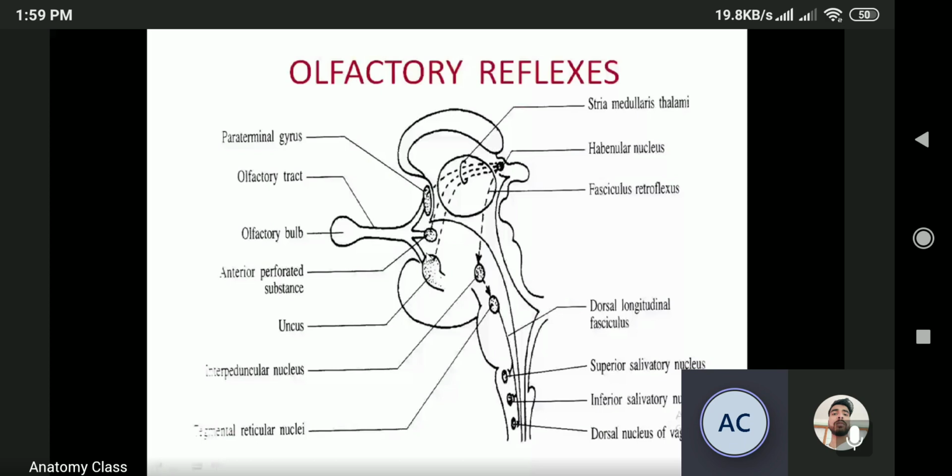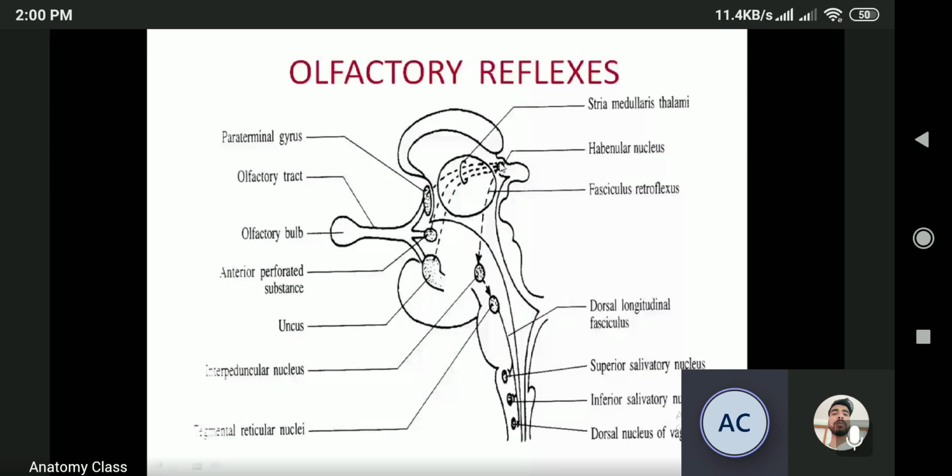This olfactory reflex begins from the terminals of the olfactory tract in the form of the stria medullaris thalami, and it ends in the habenular nuclei, which is one of the component parts of the epithalamus.